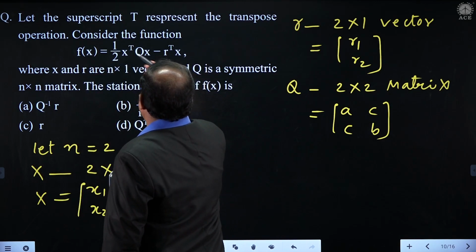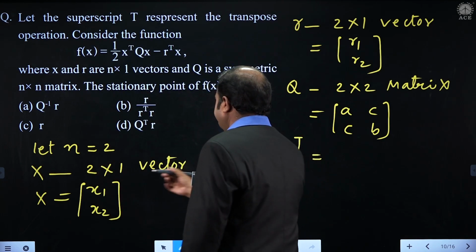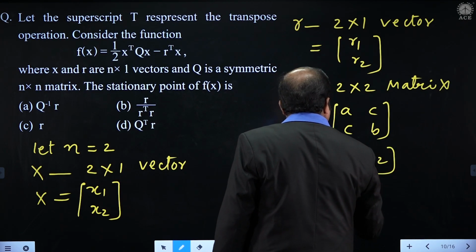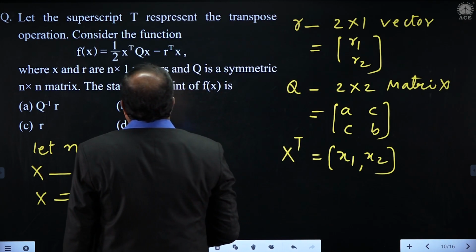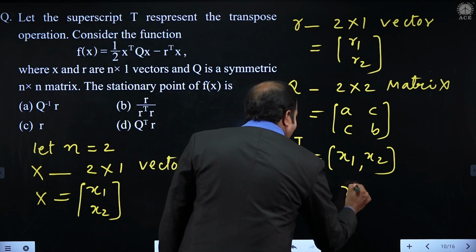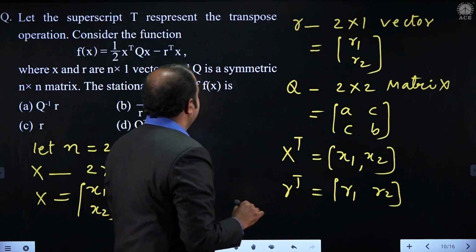So, here x transpose is required. So, x transpose means what here? x1, x2, right. And r transpose also, that is r1, r2, right.